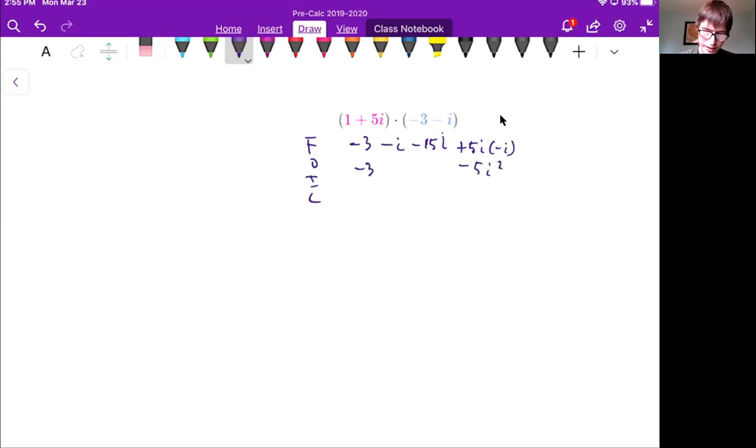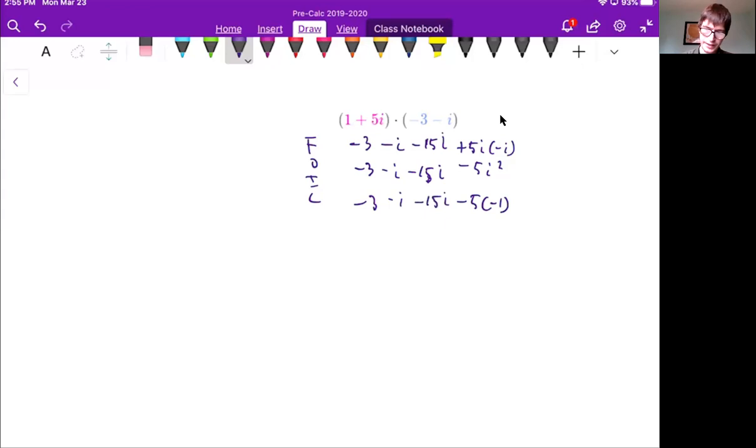So we got -3 minus i minus 15i minus 5i squared. The minus 5i squared, you just look at that and immediately say there's an i squared, that's -1. So we'll say minus 5 times -1. Immediately change that, it simplifies your life a whole lot. So we get -3 minus i minus 15i minus 5 times -1.